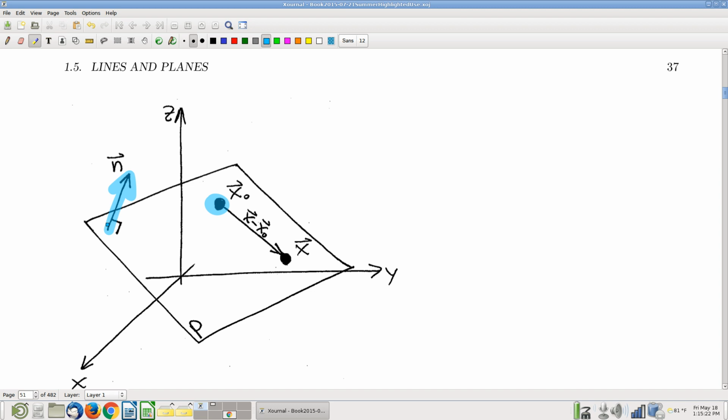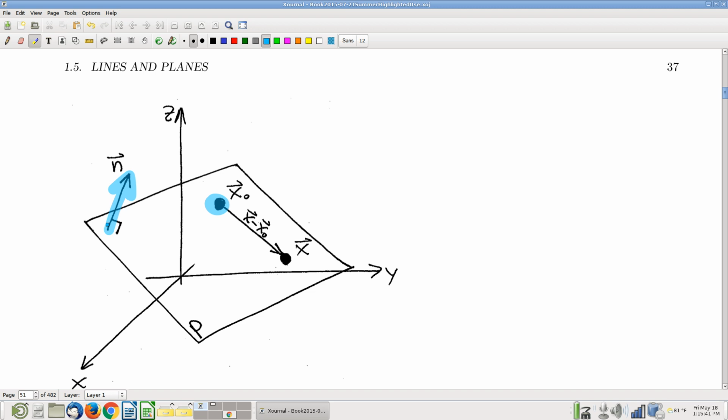So again, I appeal to your geometric intuition. There's lots of planes perpendicular to n, but there's only one of those planes that actually goes through x naught. Right? So these two bits of information, n and x naught, characterize a plane.